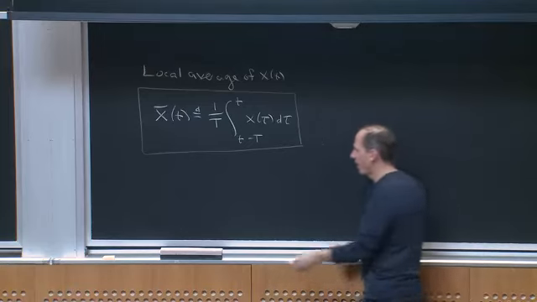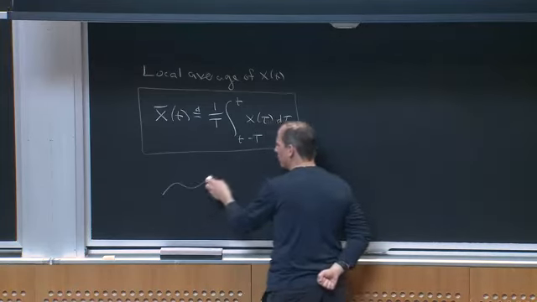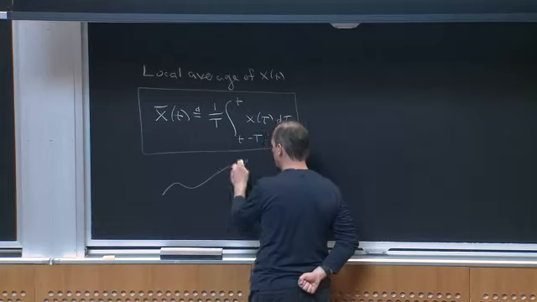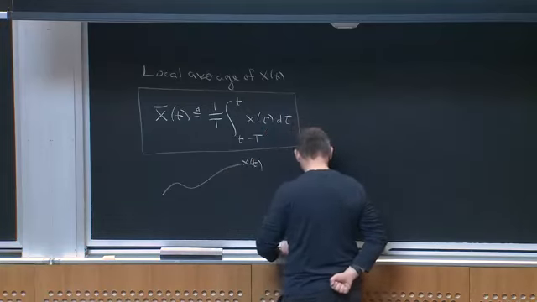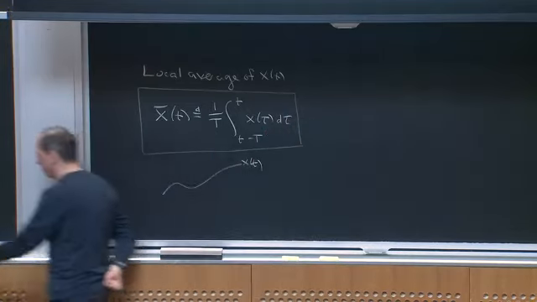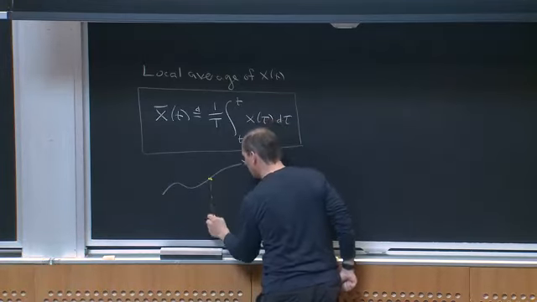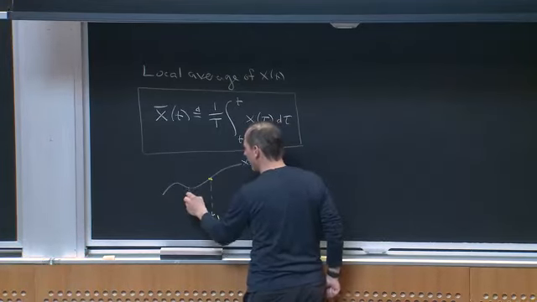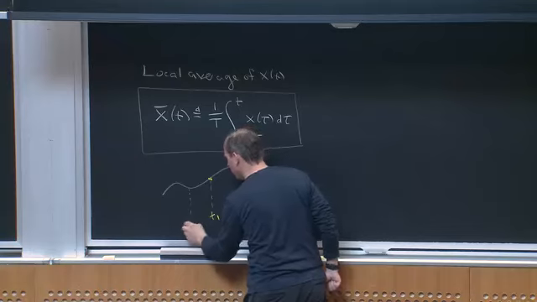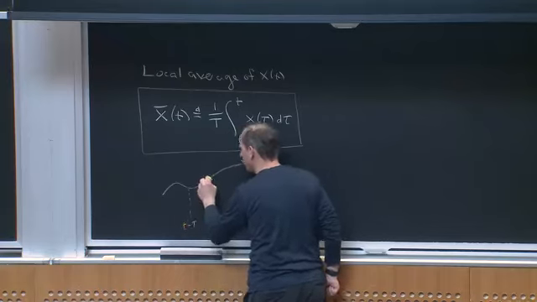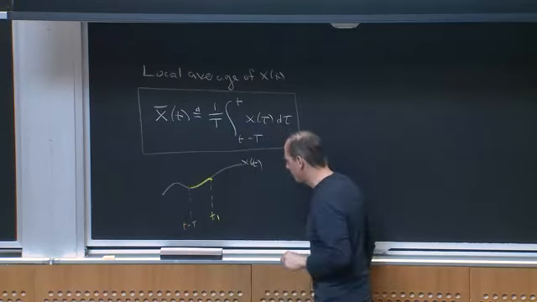Okay, so if I had some time varying waveform x of t, right? And I said, okay, here's T1. Maybe I'd go back, and here's T1 minus capital T. Maybe I would take the average of this waveform over that time.